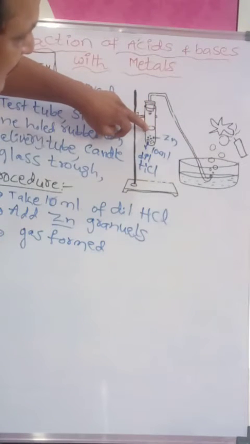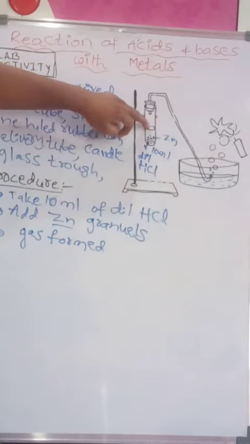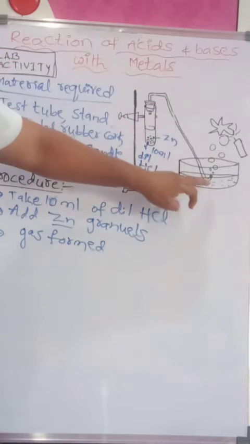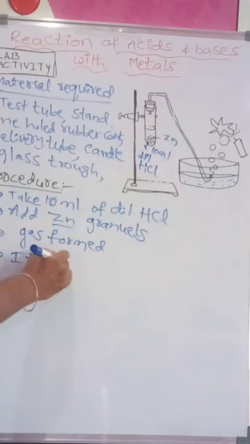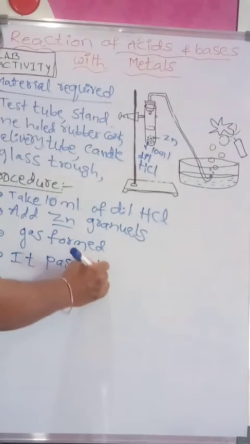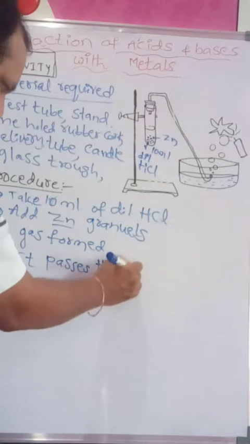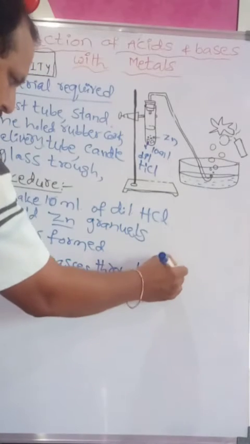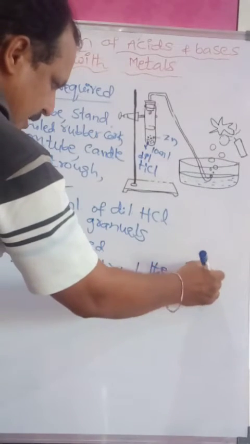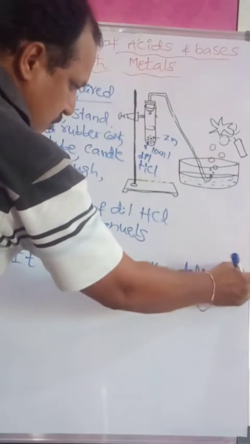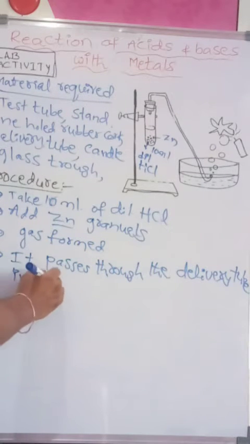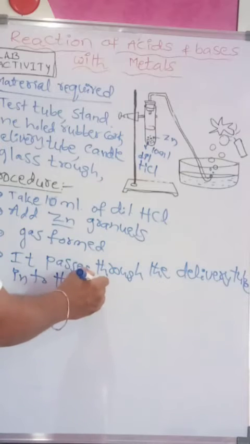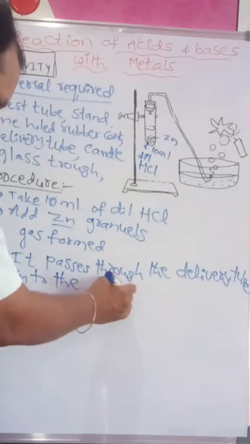The formed gas passes through the delivery tube into the glass trough.